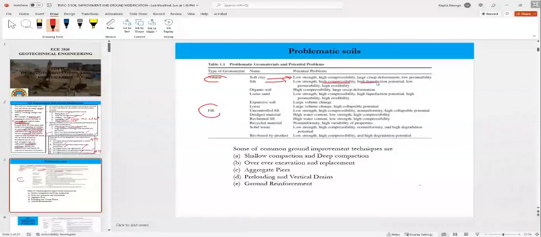High liquefaction potential. You know what liquefaction is? Liquefaction is a phenomenon where, if loose, saturated soil, you apply loading, the pore water pressure will increase. The effective stress reduces.